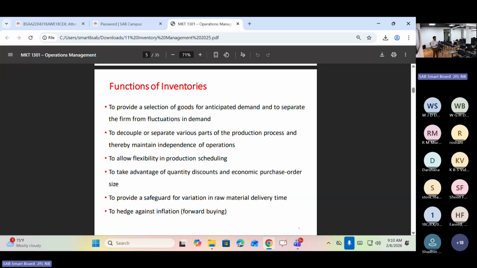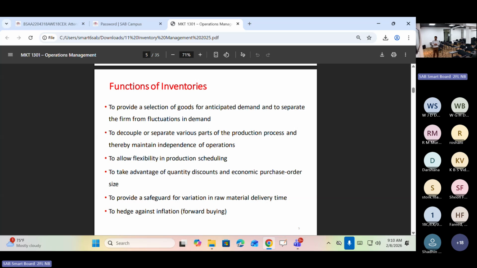The second point mentioned here, we started the inventory management topic. We are halfway through. Right? You are here. Go through the first part of it, understand the first. So, the second main point mentioned here, to separate, or to, we call it, to decouple the production steps in the production process.